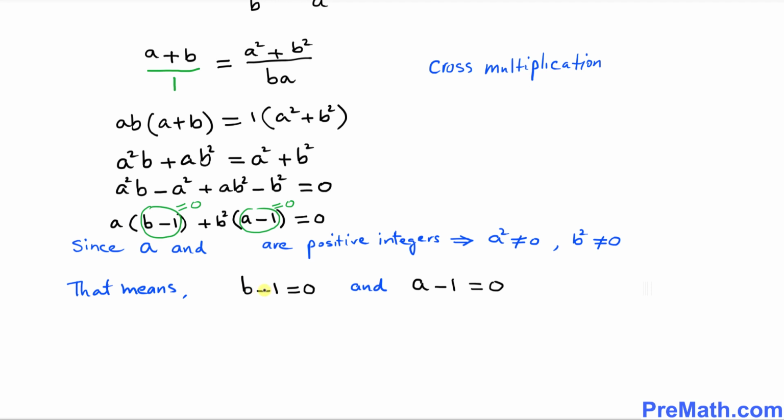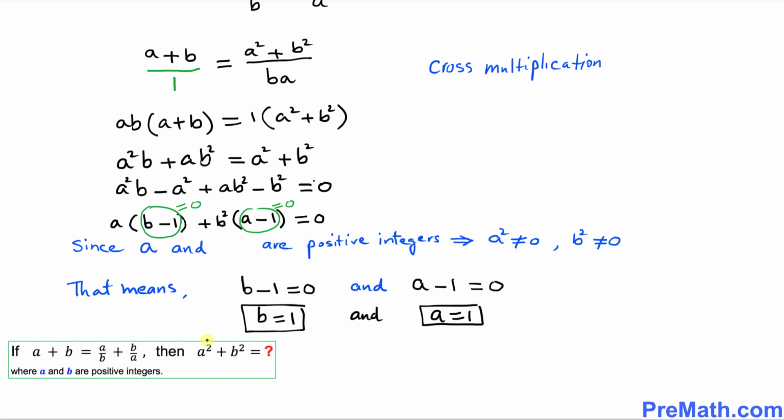If b minus 1 equals 0, that means b equals 1. And here a minus 1 equals 0 means a equals 1. That means we got a equals 1 and b equals 1 as well.